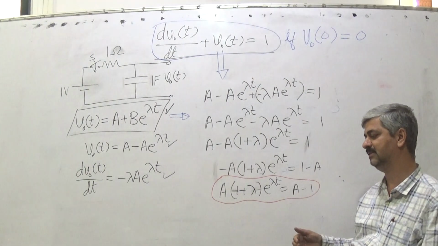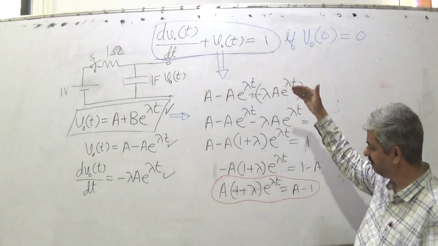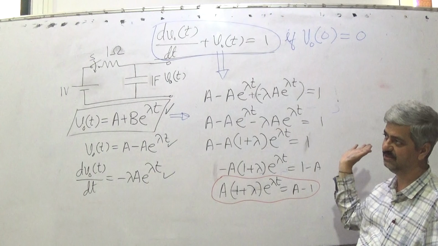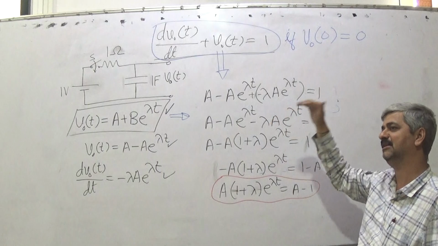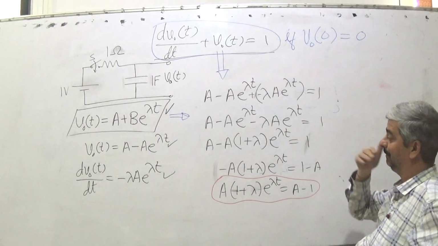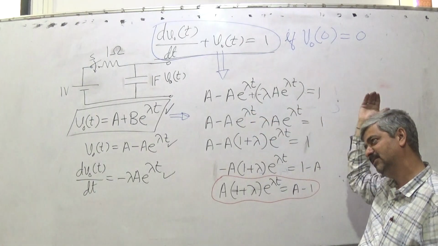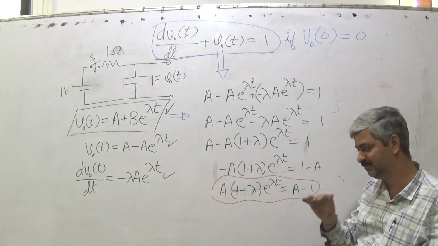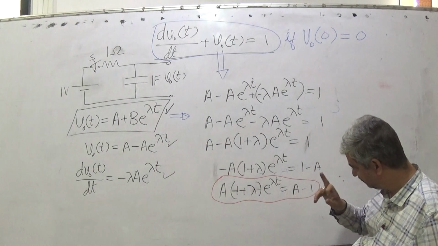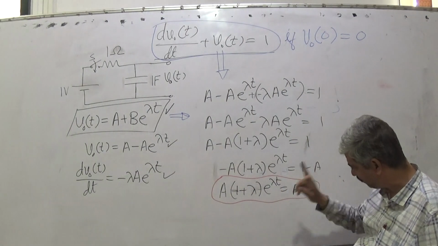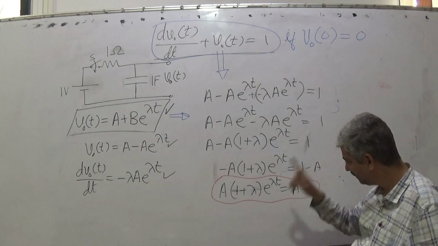This would be satisfied for all values of t if the left hand side terms with e raised to lambda t are equal to right hand side terms with e raised to lambda t, and left hand side terms without e raised to lambda t are equal to right hand side terms without e raised to lambda t.